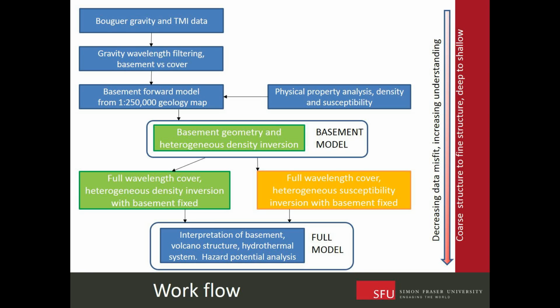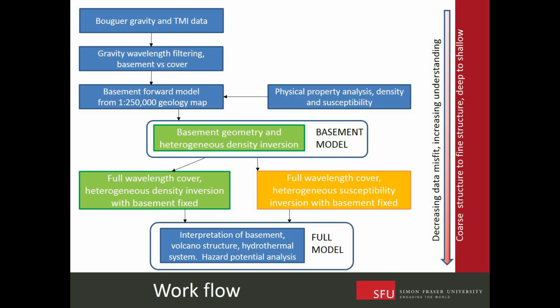So just a bit of a workflow of how we're going to tackle this problem. We've got our gravity and TMI data. What we're interested in is looking at both the basement structure, so the deep structure, as well as the volcanics. So we're going to look at some filtering of the gravity on wavelength to separate the shallow versus the deep.